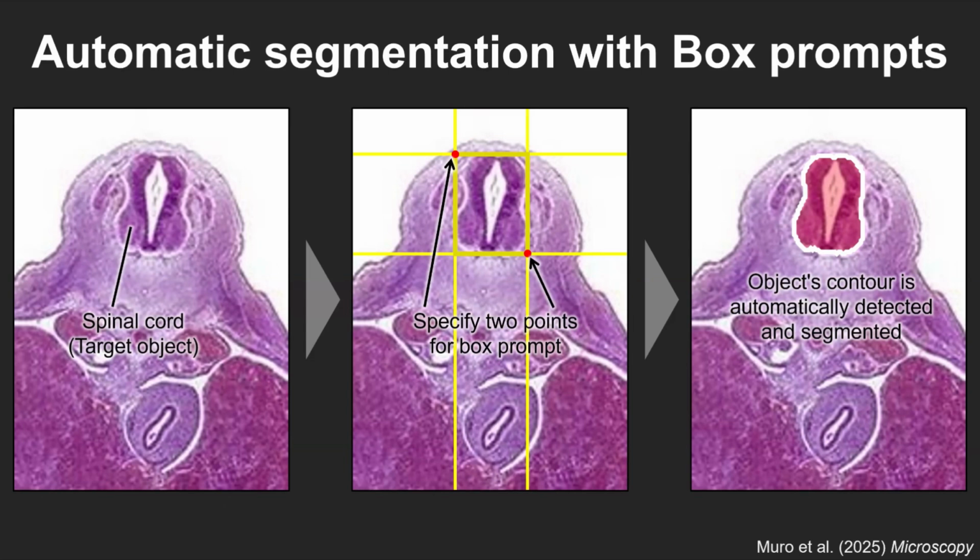In the second photo, these yellow lines, vertical and horizontal lines, have been drawn, and a rectangular box is set up to enclose the target object, spinal cord. If you set the 2 points, the left top point and the right bottom point of the box, the software will automatically extract the outline of the target object, spinal cord, and perform the segmentation automatically.